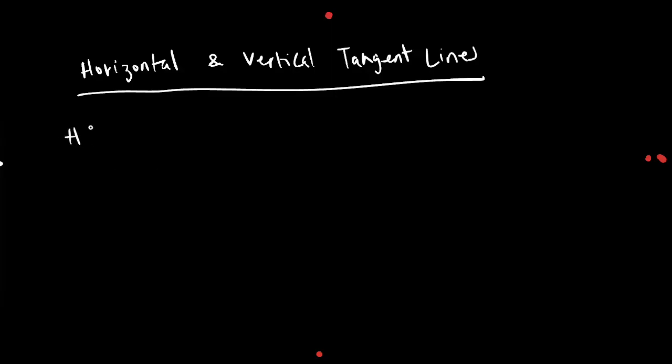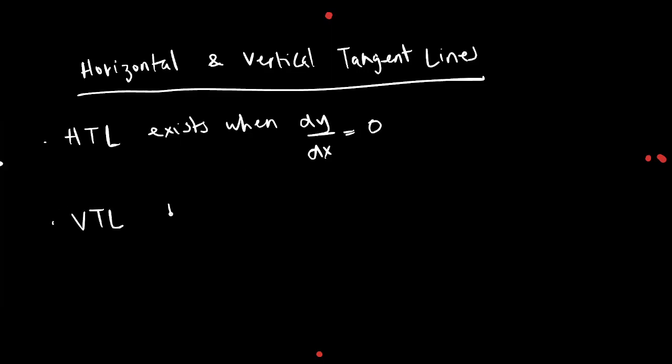So a horizontal tangent line, HTL, exists when dy dx is 0. And now, a vertical tangent line exists when dy dx is undefined.